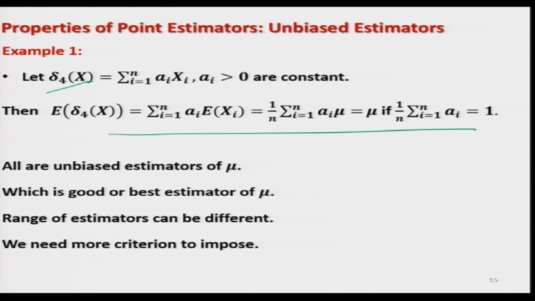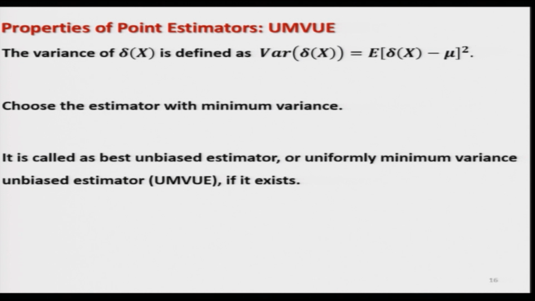So, now we have four estimators of the population mean, and we want to know which one is the best estimator. We impose the criterion of variance and compute the variance of all these estimators. We find the variance of an estimator delta x as the expected value of (delta x minus mu) whole square, and out of them we choose the delta x for which the variance is minimum.